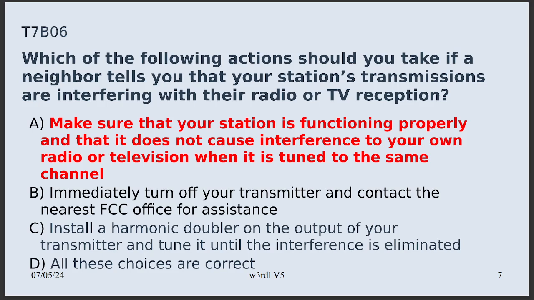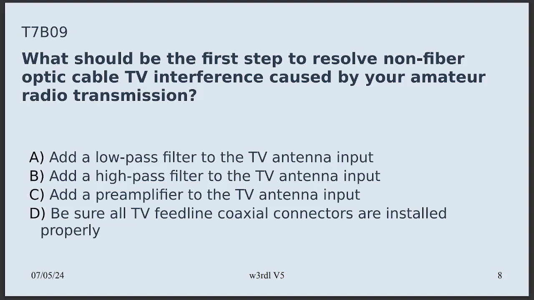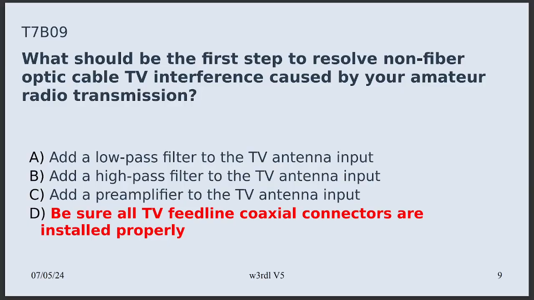Which one is definitely not the answer? Okay. All right, what should be the first step to resolve non-fiber optic cable TV interference caused by your amateur radio transmission? We didn't cover that, did we? Okay, be sure all TV feed line coaxial connectors are installed properly, and your own radio as well.